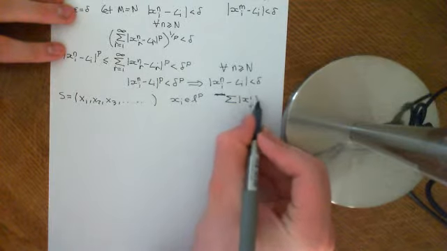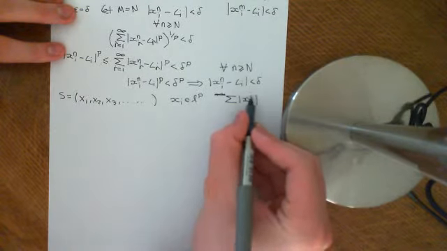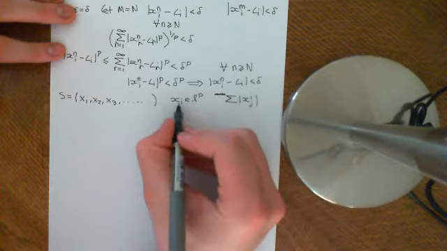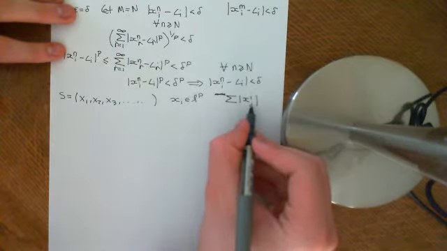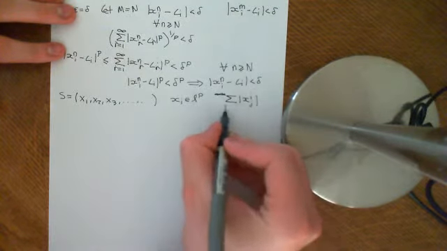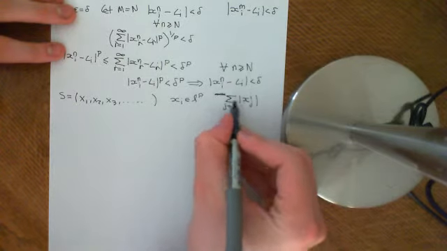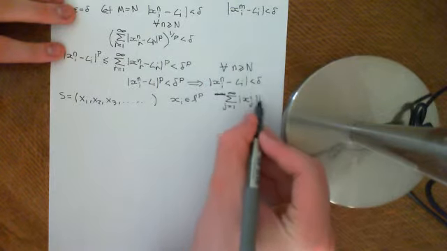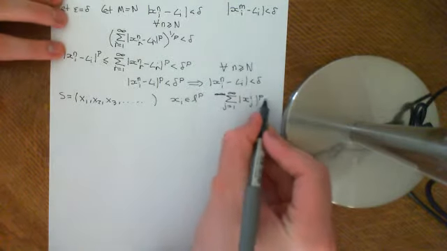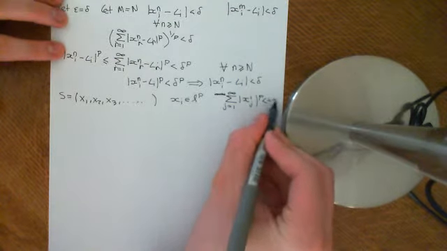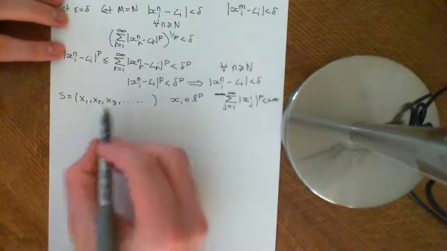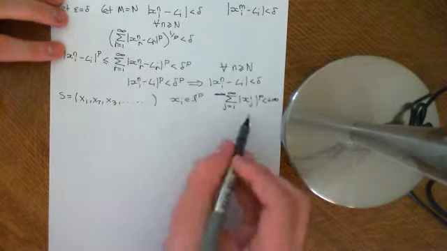Remember this notation from the previous video: the superscript denotes which sequence we're talking about, and the j subscript denotes which term of that sequence we're looking at. So all of the sequences in this sequence of sequences obey that property.